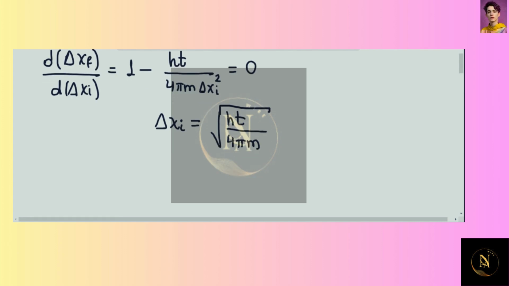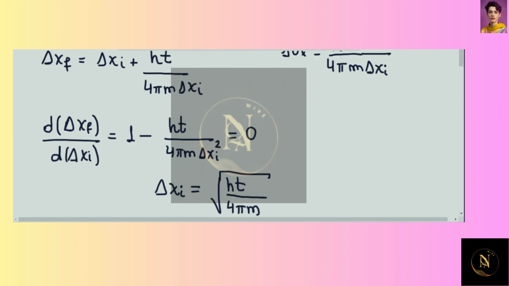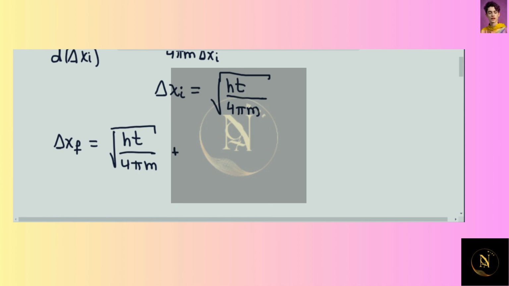Okay, and now we can substitute this back into the delta xf equation. So we have that delta xf is delta xi, that's the square root of ht divided by 4 pi m, plus ht divided by 4 pi m times delta xi.